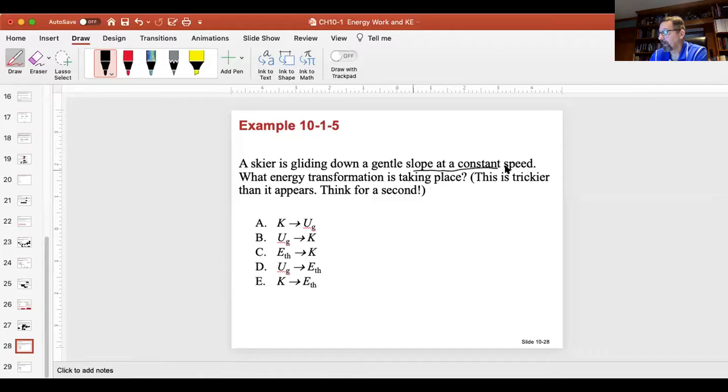The key word here, constant speed. And most of you go in the same direction I went.